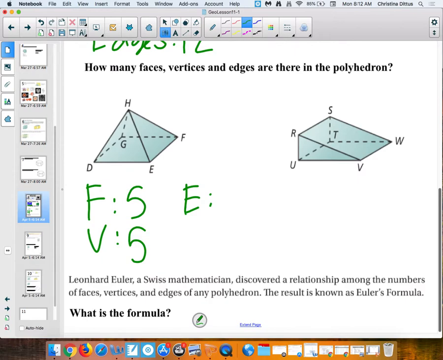Yeah. One more time. How many faces do I have in my little wedge? 5. How many vertices? 6. And edges. 9? Yeah.